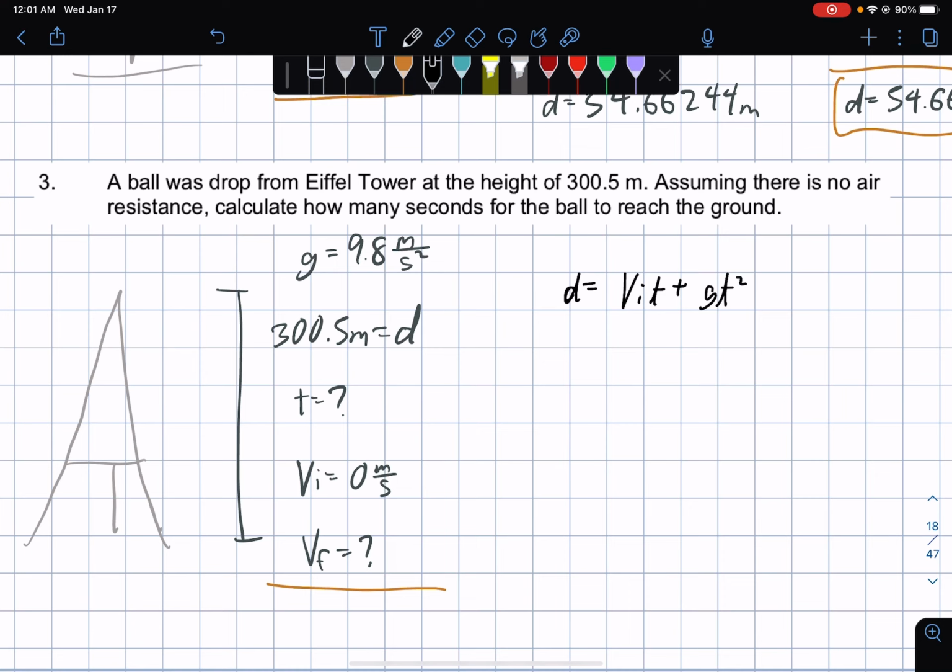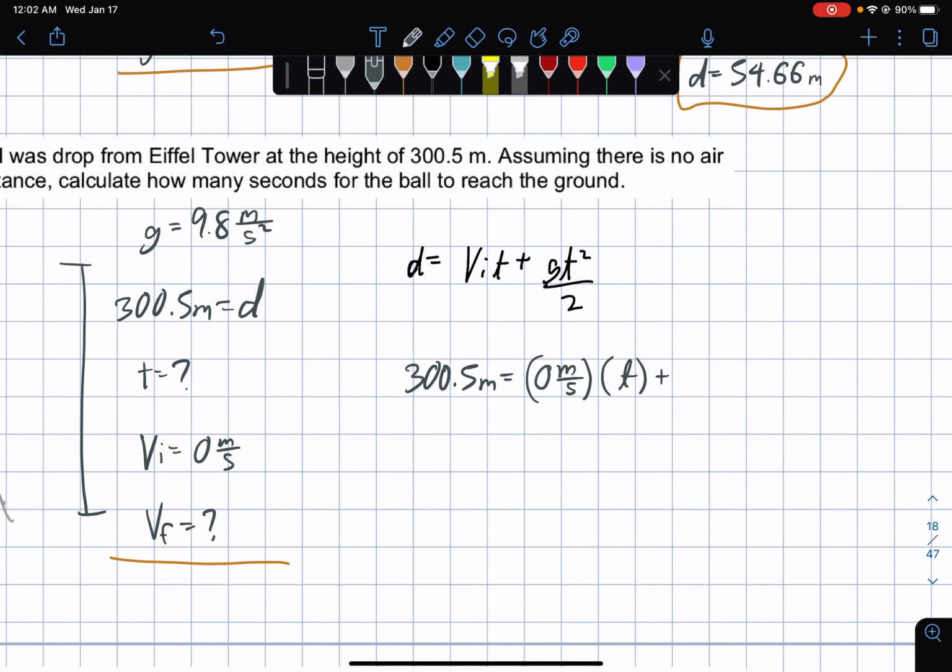So distance is 300.5 meters. Vi is 0 meters per second. Time is missing. Gravity, acceleration, and then time again, divided by 2.